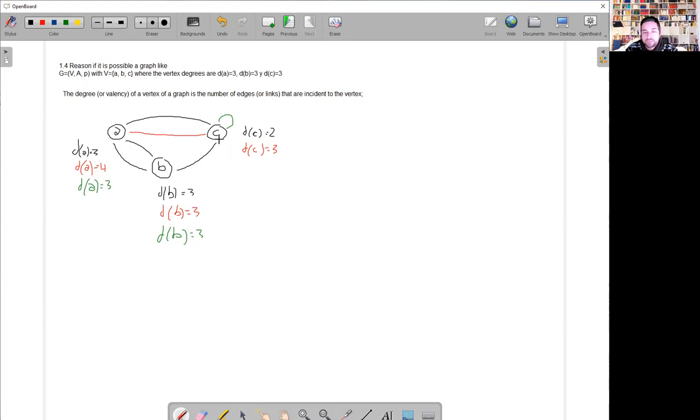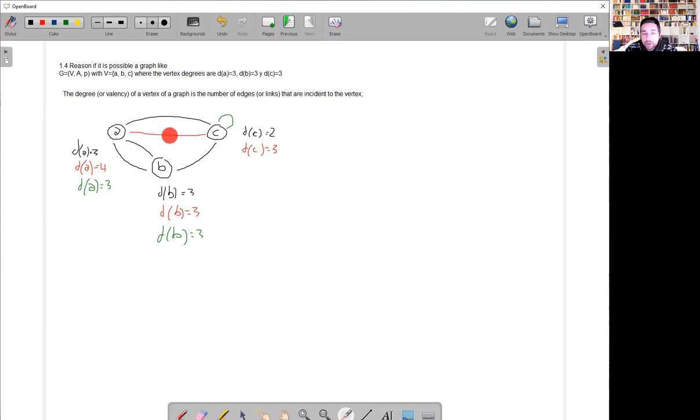But now we have 4 edges that are incident on C. We have this endpoint, this endpoint, this one, and this one.